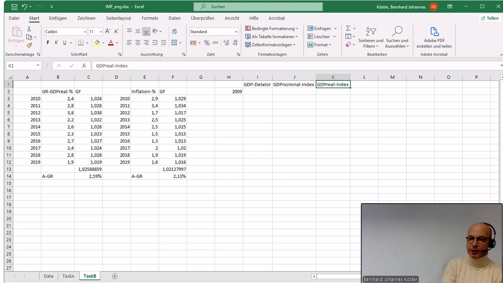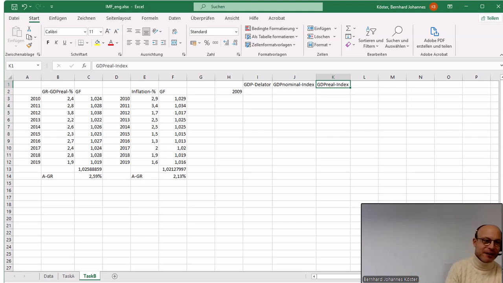So, and then remember, we are free when we use the representation of an index to choose at which year we set the index to 100. Well, quite a good idea then would be to choose the index number at the starting year to 100. But it doesn't matter. You can also choose 2015.